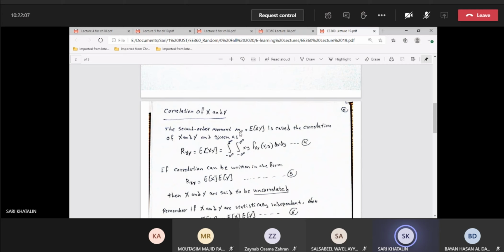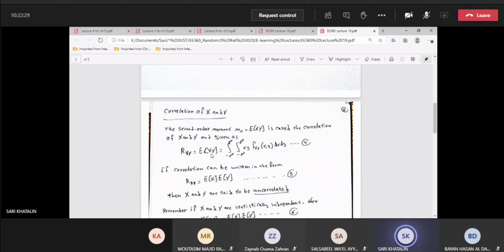So now, the second order moment 1, 1, is called the correlation of x and y. So the correlation of x and y is basically the second order moment where n is equal to 1 and k is equal to 1. It's not 0, 1 or 1, 0. It's not 0, 2 or 2, 0. It's 1, 1, both of them, okay?